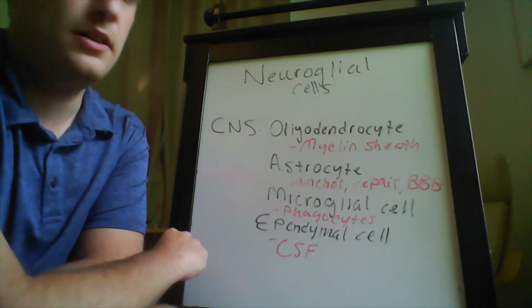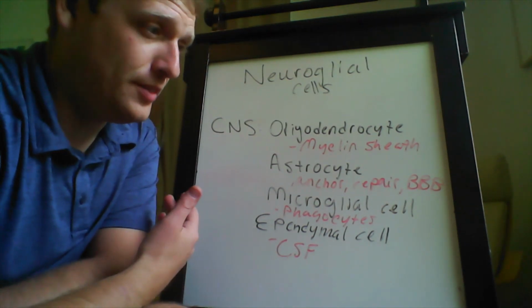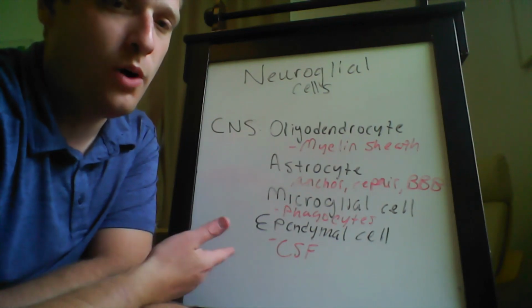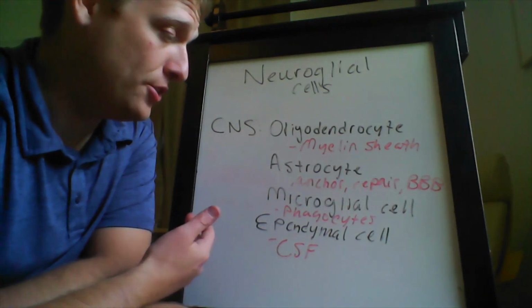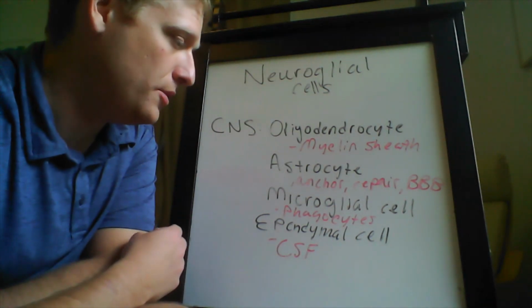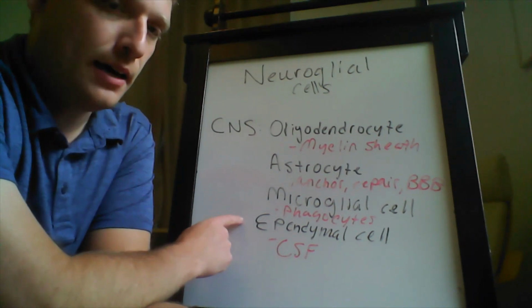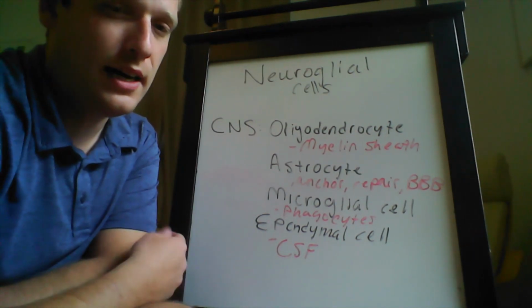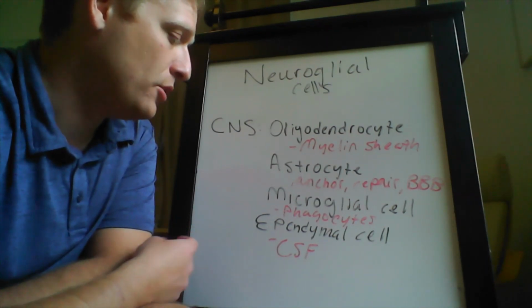Microglial cells, even though they're called microglia, are phagocytes. They are going to be swallowing harmful debris and potentially pathogens. So they're kind of the cleanup crew of nervous tissue in the central nervous system. And then finally you have ependymal cells, which line the cavities inside the brain and spinal cord.